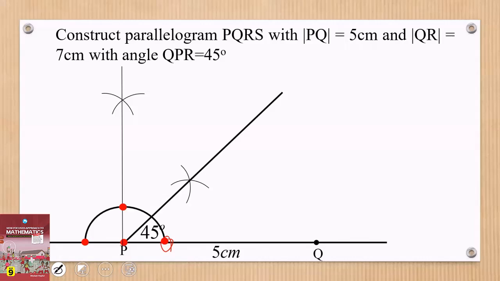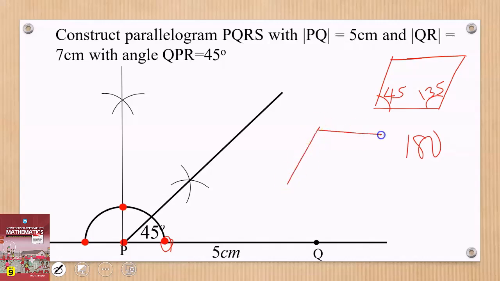No other measurement is given to us, but we know that every parallelogram must have consecutive angles that are supplementary. They must add up to 180. So if I have 45 here, then automatically the angle that should come here should be 135, because the two of them must add up to 180.